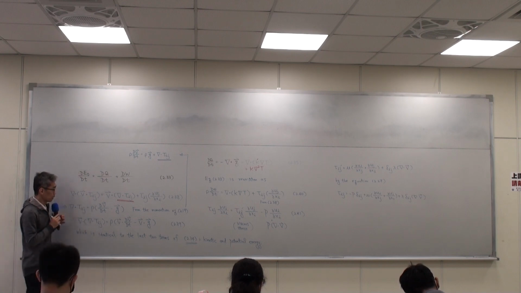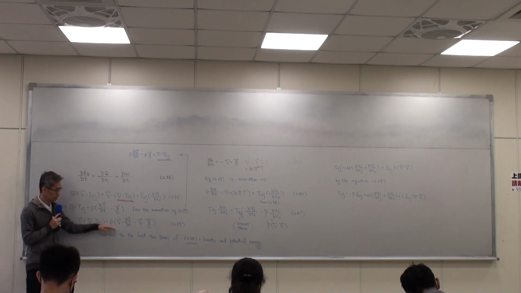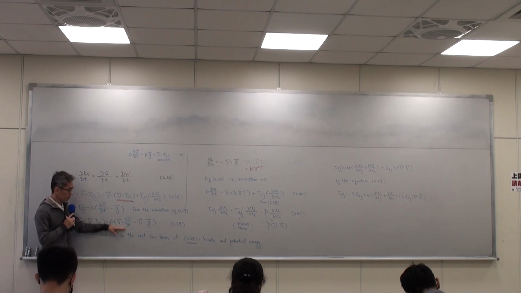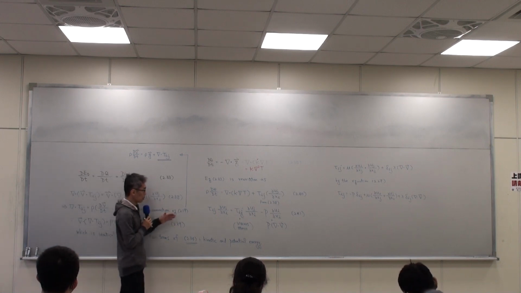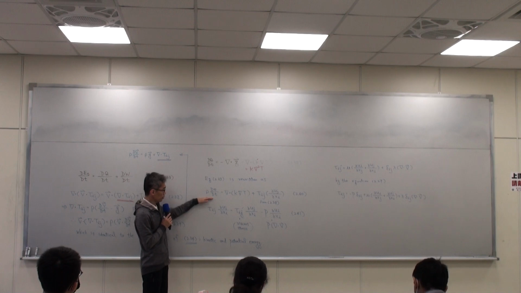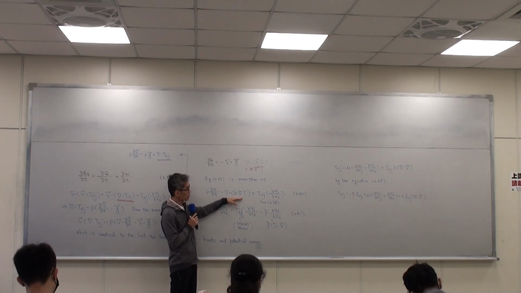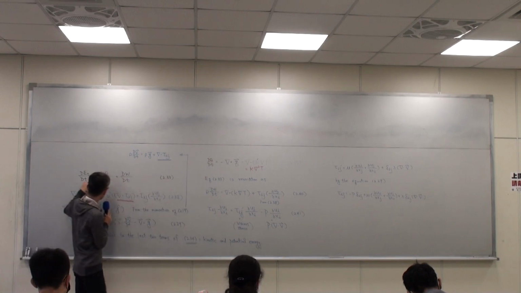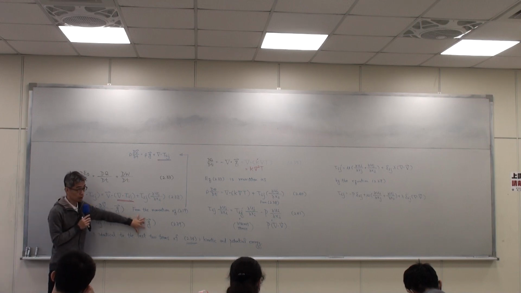Okay, so if we get rid of this potential energy and kinetic energy, we will have our internal energy related to the heat flux, just like we use this, and we cancel out these two terms.